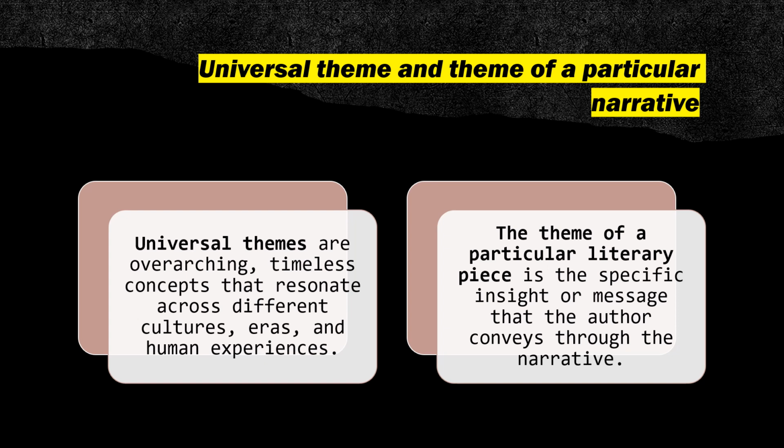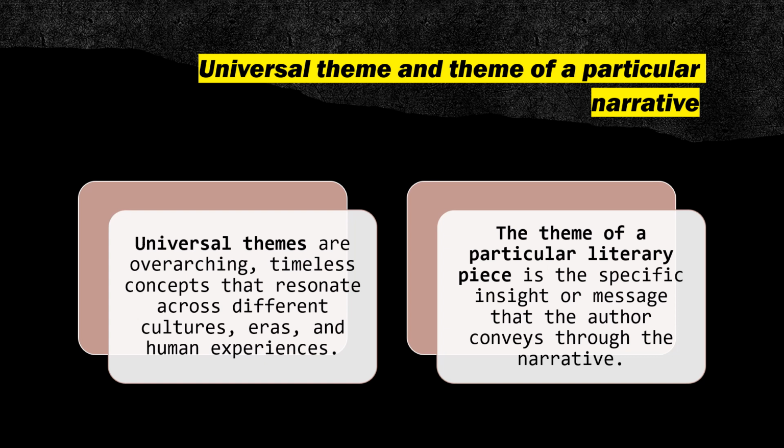They address universal truths such as love, loss, the passage of time, the quest for identity, and the eternal struggle between good and evil. These themes possess a broad and enduring relevance, allowing us as readers from diverse backgrounds to connect with and reflect upon shared human experiences.